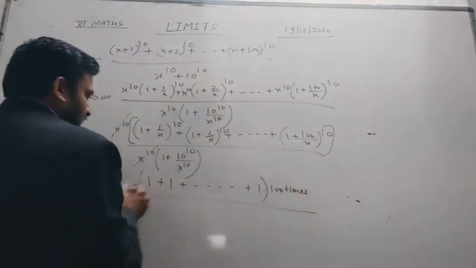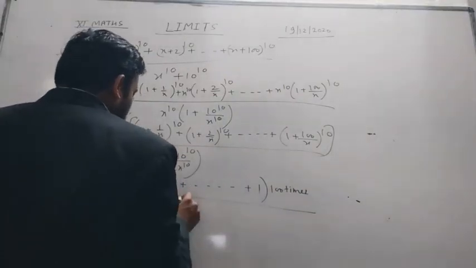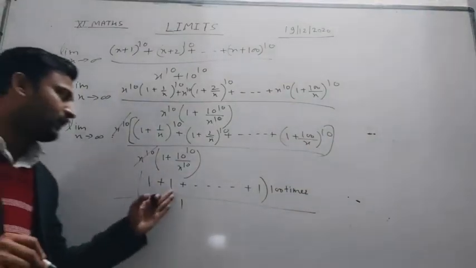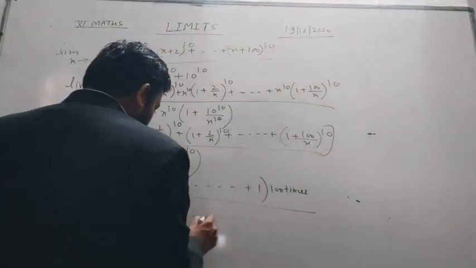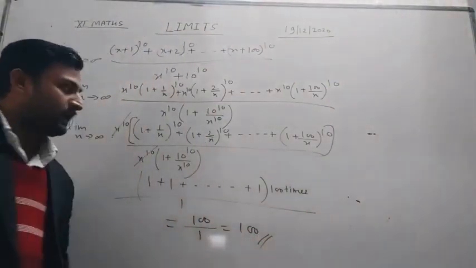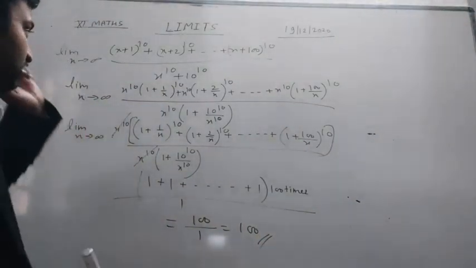And in the denominator this term is 0 since x is infinite, so here is just 1. And we are adding 100 times, so it will be 100 by 1, which is equal to 100. So our answer will be 100.